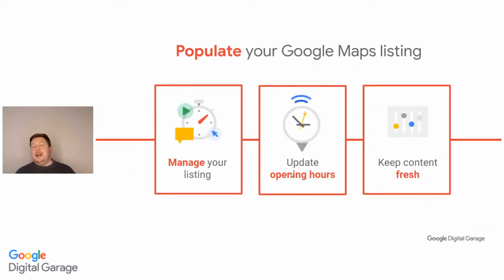Once you've done this, populate your Google Maps listing, manage your listing. So tell me when it's going to close. If it changes, tell me. If you start selling new products. So for an example, electrician, stereotypically they do plugs, they do lights, they do sockets, they do RCD boards, they do all sorts. But recently there's been a massive evolution in smart cars, in electric cars.